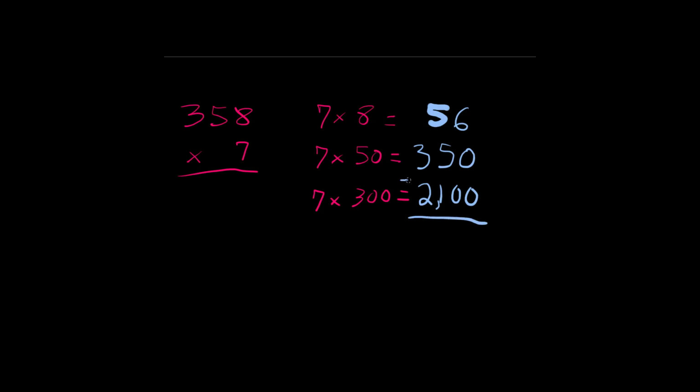I didn't do a good job here, but make sure you line up each place value's column so that you don't get confused. I kind of ran out of room here. So we're going to add up column by column. For the ones, we're going to have a final answer of a 6. We're going to have a 5 plus a 5 for the 10s, which is 10, so 0.